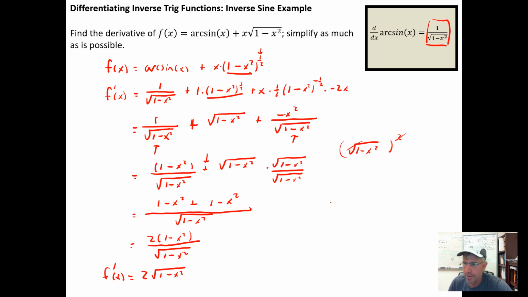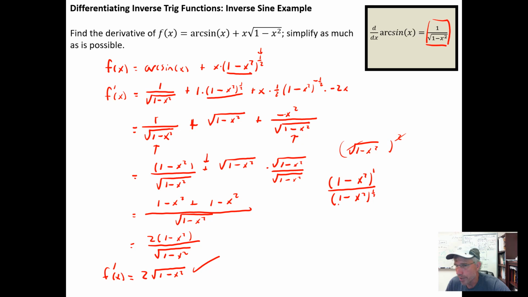And to see why that is the case, you can turn the video off if you're happy with that right now, but to see why this is the case, let's just look at 1 minus x squared over the square root of 1 minus x squared. I'm going to write it with a 1/2, and I'll write this upper exponent as a 1. So we're really simplifying this piece right over here.